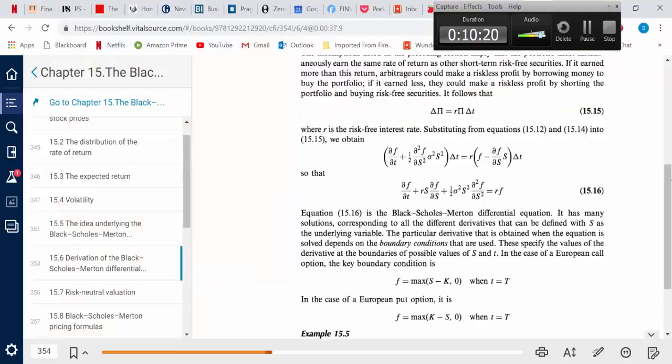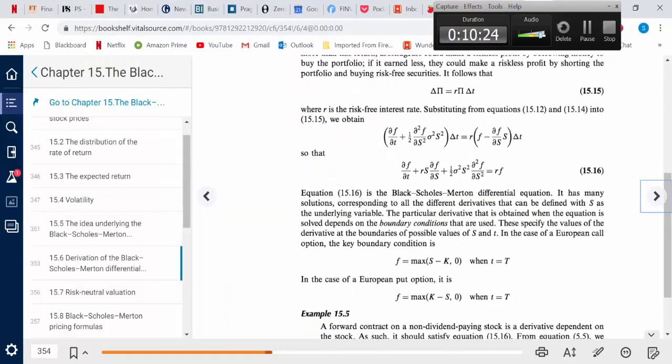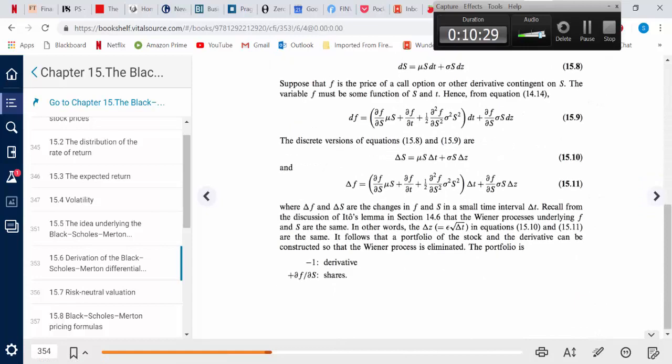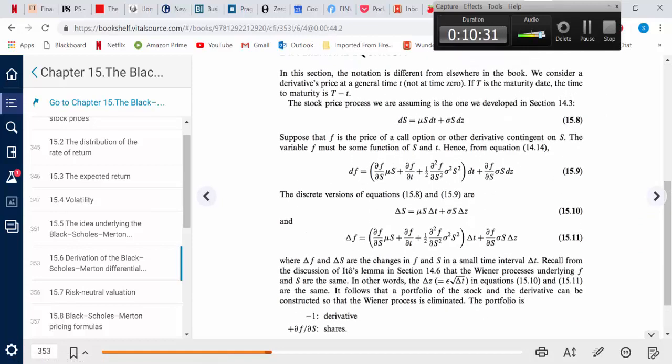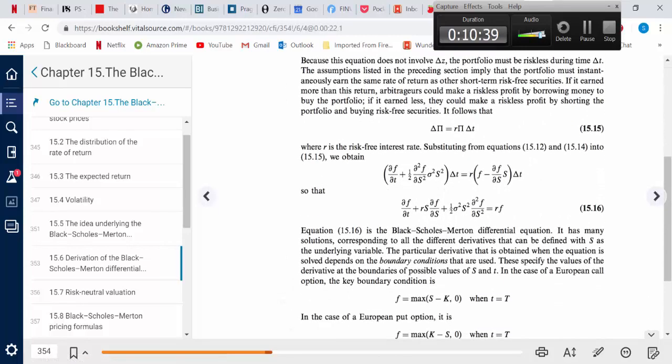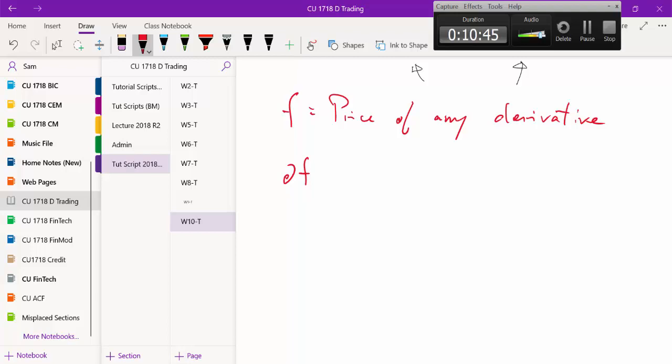I'm not going to do that this morning, but it's all there in the book, so I don't add any value. The derivation is not hard because you just start from here. And I think Professor Gao Zhenyu probably will do it with you. Okay, but I'm more interested in the actual final result, which is 15.16, and 15.16 says something like this.